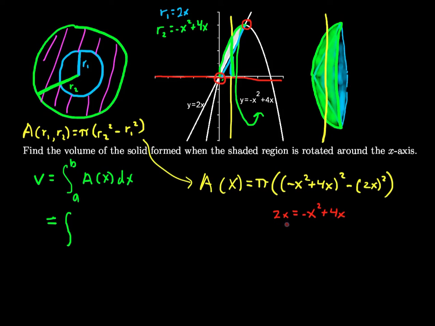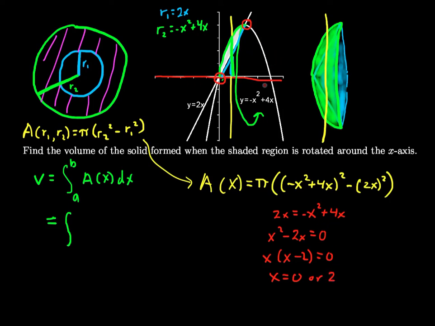I move the x squared over here and the 4x over here, so I get x squared minus 2x equals 0. I factor out an x and get x times x minus 2 equals 0. So x is equal to 0, that's right here, or 2, and that's right here.